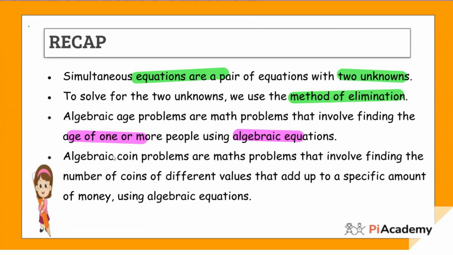In the same manner, algebraic coin problems are maths problems that involve finding the number of coins of different values that add up to a specific amount using algebraic equations, right? So we learned about simultaneous equations and how to solve them, and after that we learned about the age problems, and then we learned about the coin problems, right?